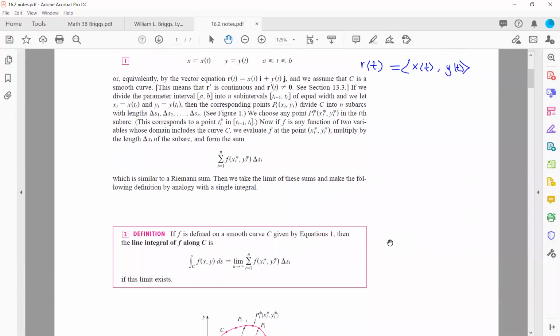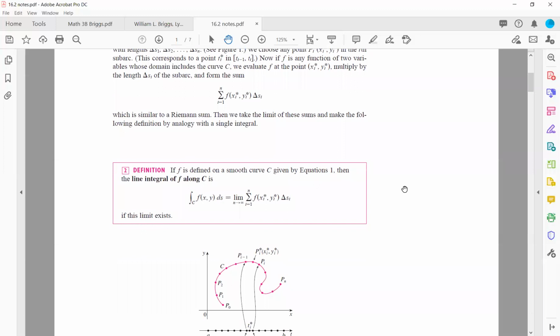So what is s? Remember that we're dividing this curve into very small sub-intervals. x_i is x at time t_i, y_i is y at time t_i, and the corresponding points P_i (x_i, y_i) divide curve C into n very small line segments with lengths delta s_1, delta s_2, and delta s_n.